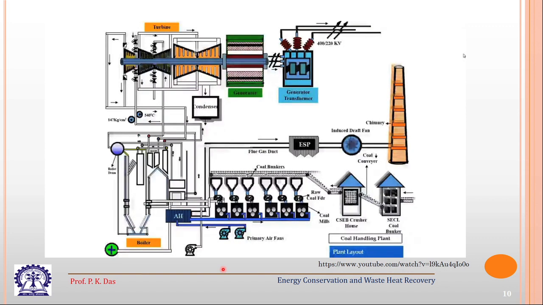At one point of time it will be injected into the boiler. Now you see another fan has started working. This is a forced draft fan, and here we have an induced draft fan. Basically, a big power plant will be on combined or balanced draft, where both induced draft and forced draft fans will be there.